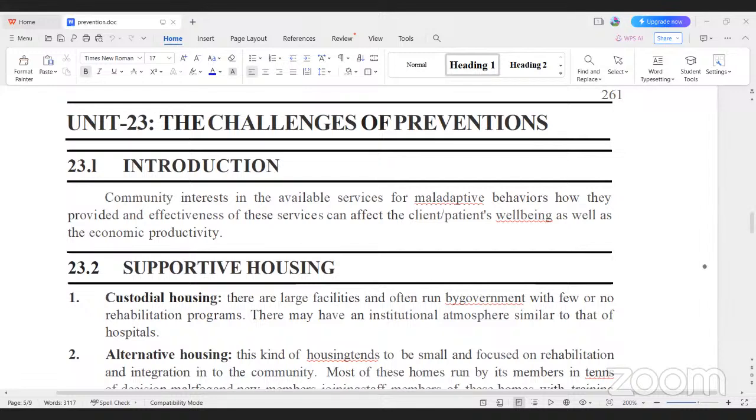And societal causes: in society, we are regularly discriminated against by some class of people. They are discriminating against us, that means we feel very inferior to them.